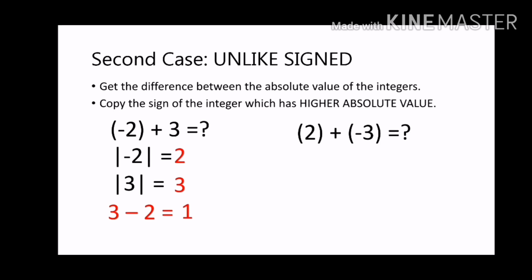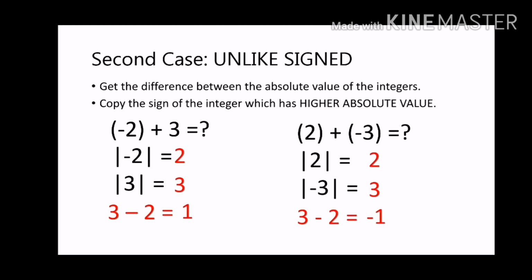Okay, for the second example, we have positive 2 plus negative 3. Same process, get the absolute values. For positive 2, we have positive 2 still. For the absolute value of negative 3, we have positive 3. Now, get the difference. The difference between 3 and 2, or simply 3 minus 2, is 1. But as you can see here, our answer became negative 1.